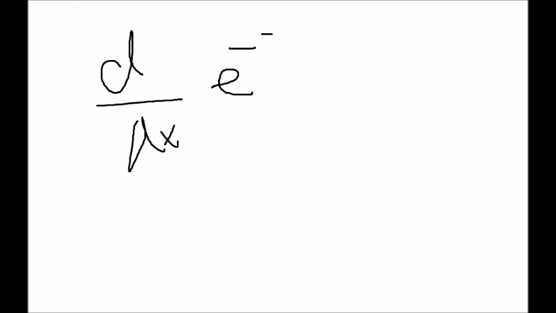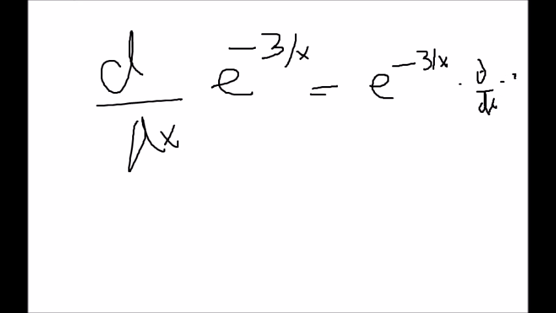Let's look at taking the derivative of e to the negative 3 over x. What we need to do is we write e to the negative 3 over x times the derivative of negative 3 over x.